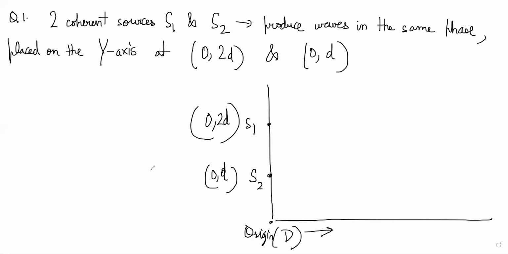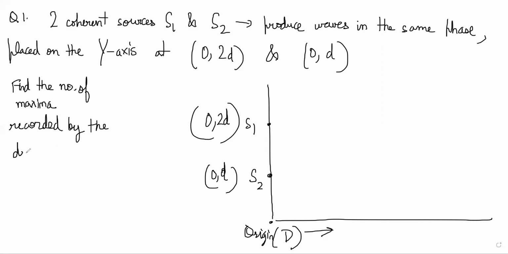You have to find the number of maxima recorded by the detector as it moves from x equal to 0 to x equal to infinity.